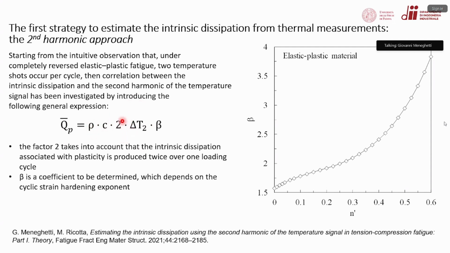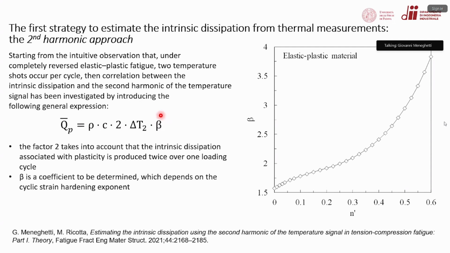The factor 2 takes into account the fact that the thermal shots occur twice during one loading cycle, but then we need also a parameter beta, which could be strange looking at this formula for the first time.